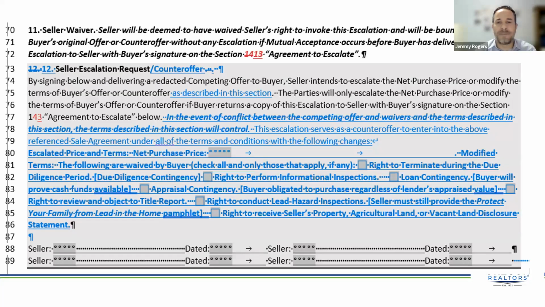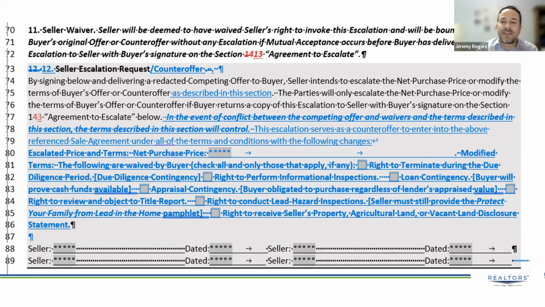So we're looking to add a portion in section 12 where the seller would have an opportunity to actually describe, based on the competing offer, what they believe the escalated price and terms to be. Okay, so there'd be a field to enter the price, and there would be a field to check any waivers that are going to apply.